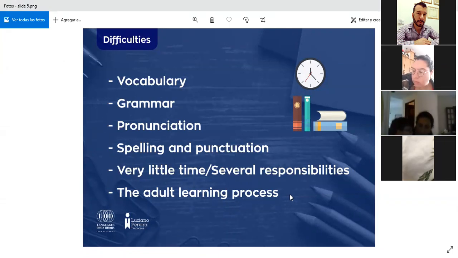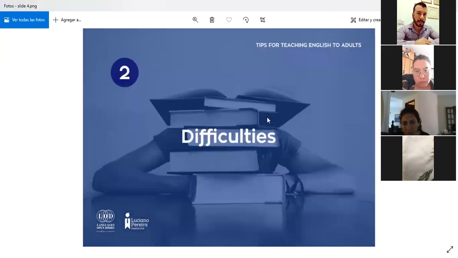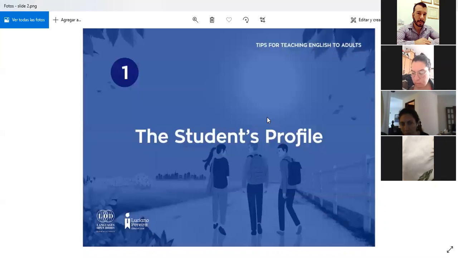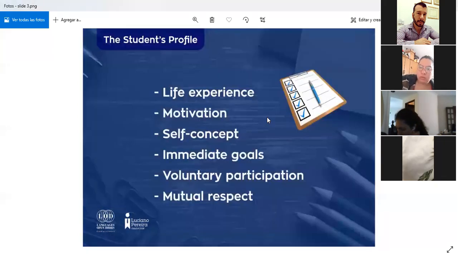Next, we have the adult learning process. As you know, children and adults learn differently. A ver quién me habla por chat. Could you put the first image back, Romy? Sí, no hay problema. Esta de student's profile. A ver. Bien.